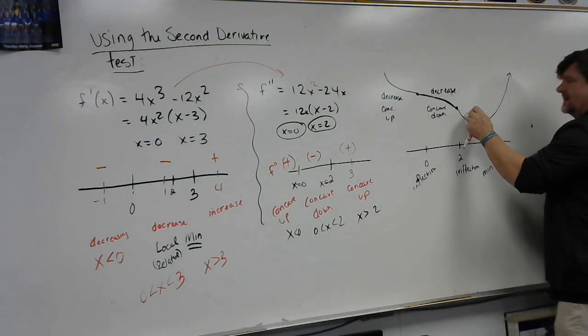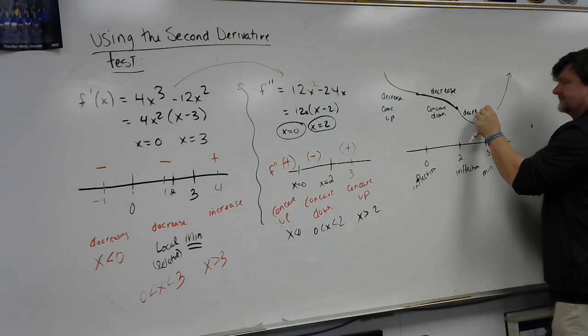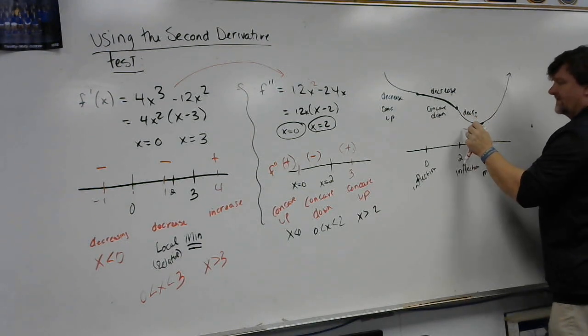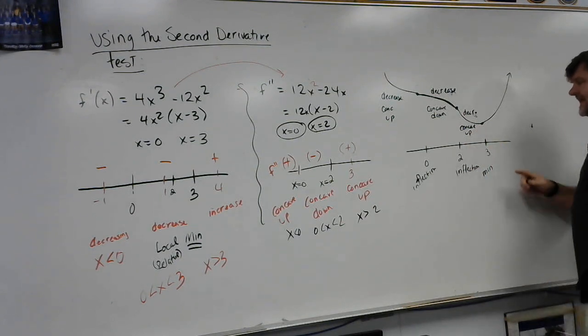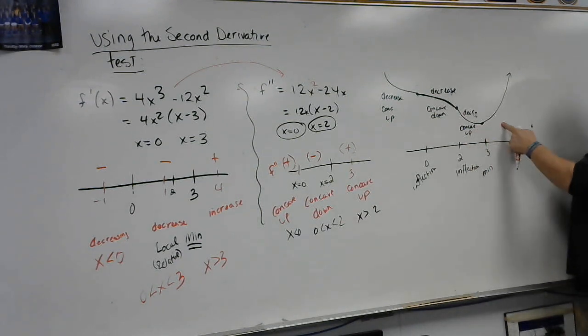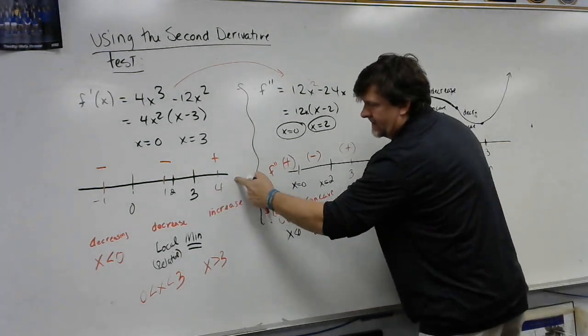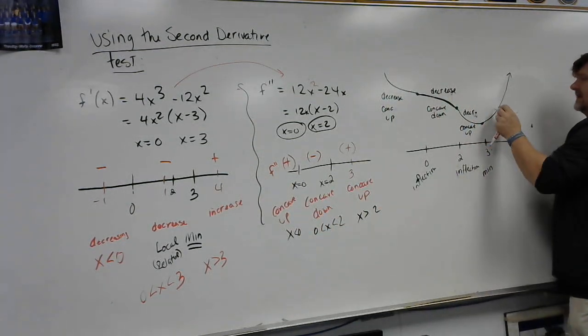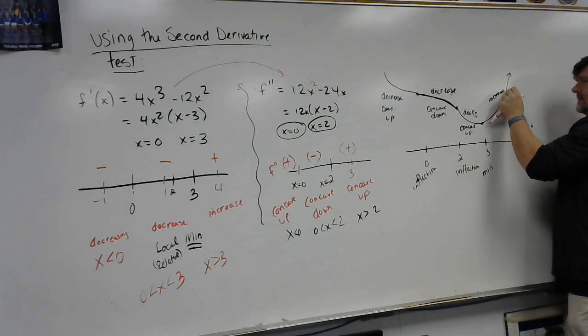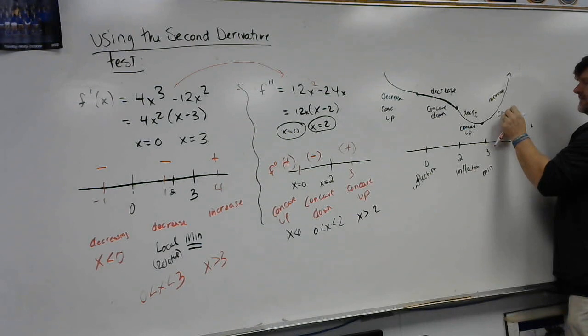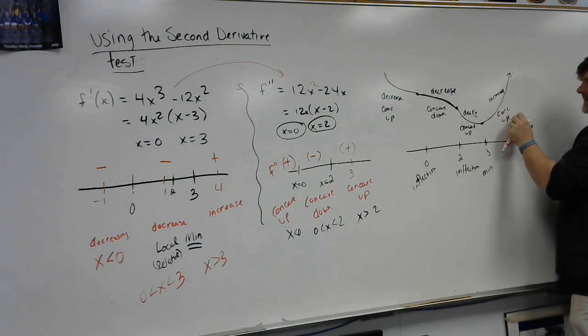So now I've got a decrease with a concave up, and then from 3 on, it's concave up, 3 on, it's positive. So now I've got an increase and concave up like a cup.